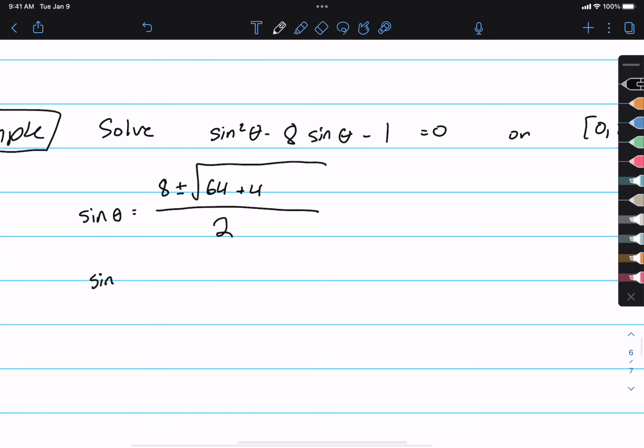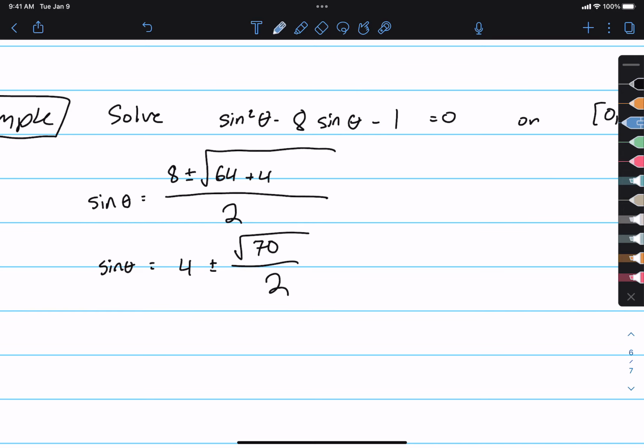And so sine theta is 4 plus or minus the square root of 70 over 2, right? But we know that 70 is equal to 4 times, oh, never mind. No, it's not. Ignore. Oh, I can't do math, that's why. Oopsie. So 64 plus 4 is in fact 68, not 70.